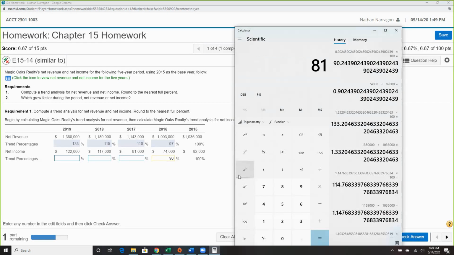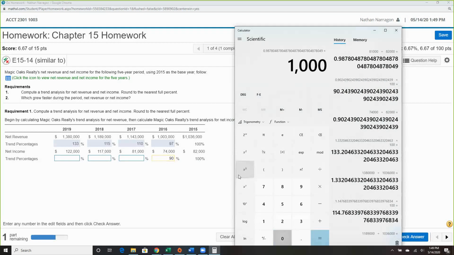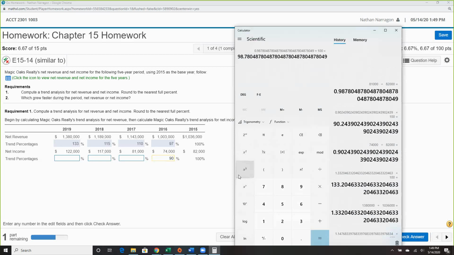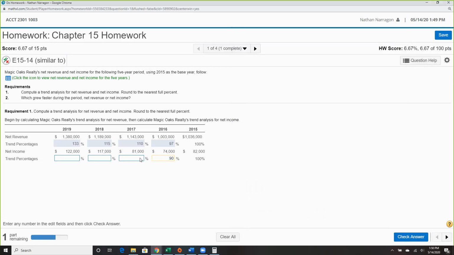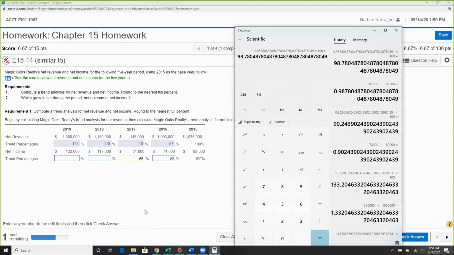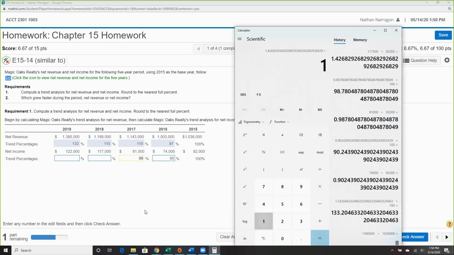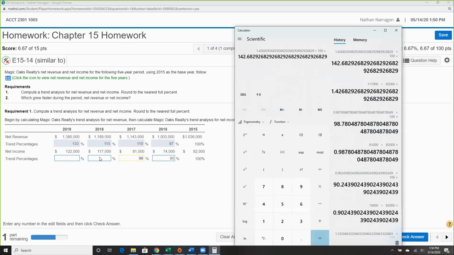Right. 81,000 divided by 82 times 100. Oh. We got 99. Okay. 117 divided by 82 at 143.